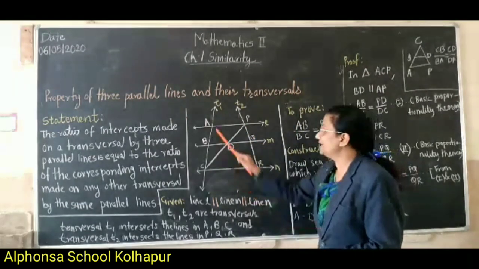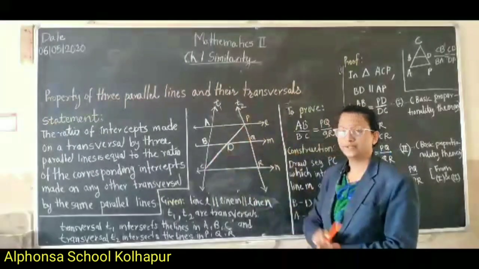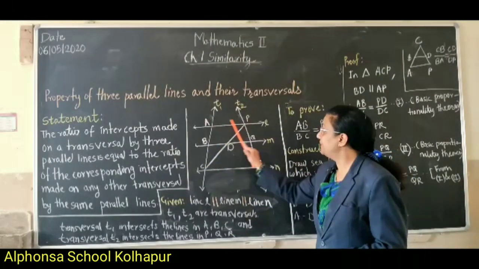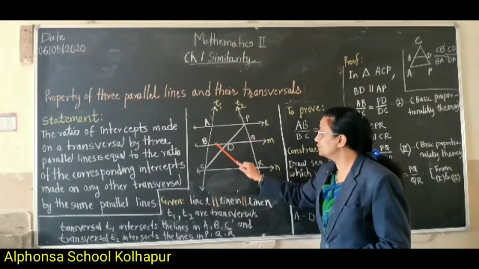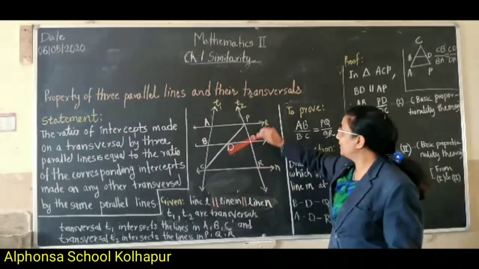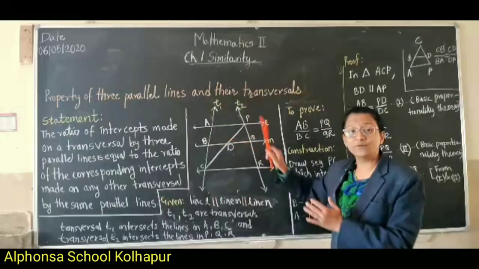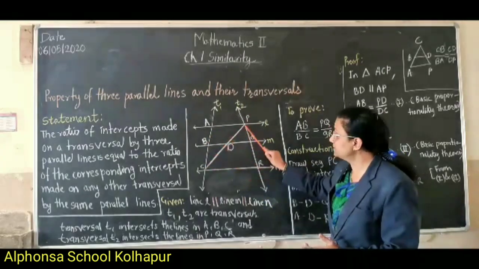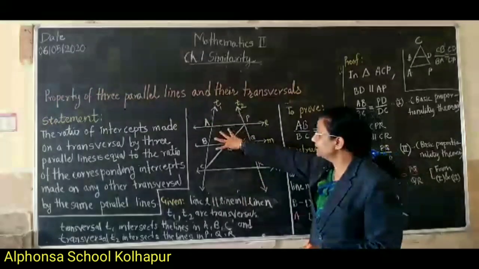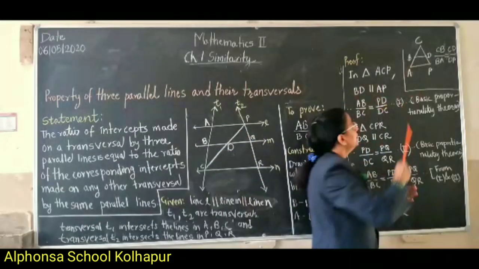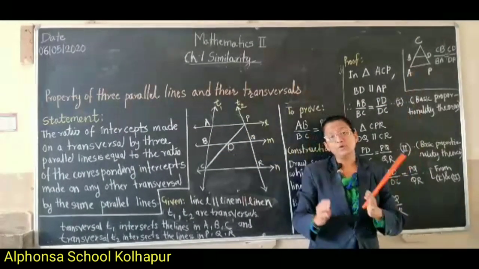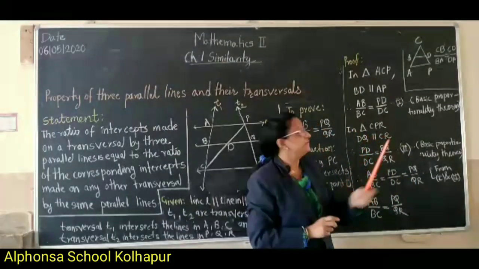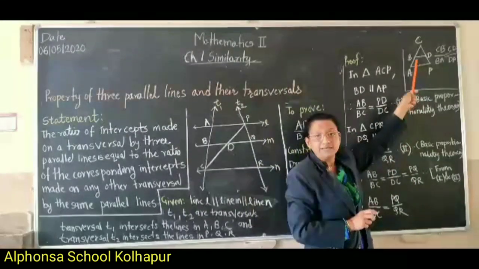Now we have got one triangle. In this triangle, BD is parallel to AP. Why? Because lines L and M were parallel to each other. For our convenience, I have drawn this diagram this way. It is the same triangle, but we are familiar with the triangle in this way.